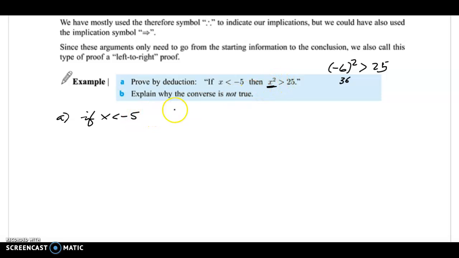But then what happens? So we have if the absolute value of x is greater than 5, which we already kind of know. Now we want to get rid of this square root, and we know that already.